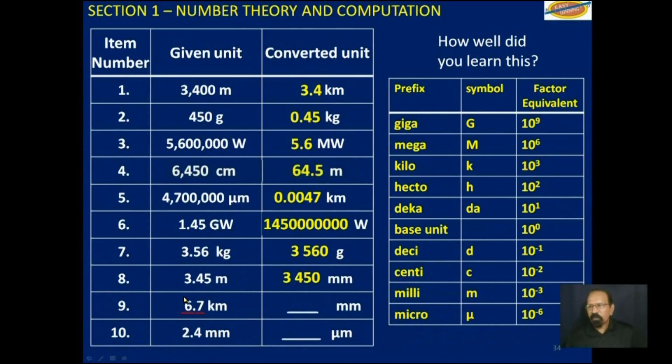9.6.7 kilometers to millimeters. Now, we are going from a larger kilo to milli. So we will have to multiply by the factor difference, which is that 3 minus a negative 3, which would give you 6, which is a million. So you have to multiply this by a million, 10 to the 6th.